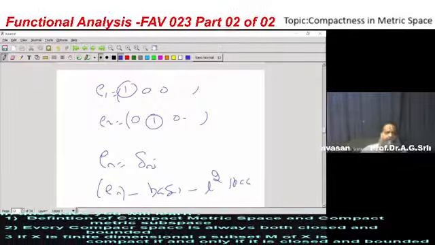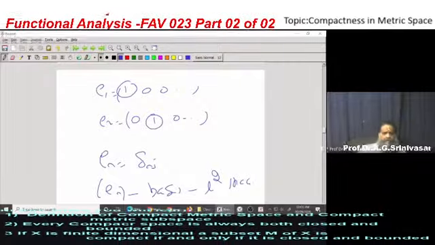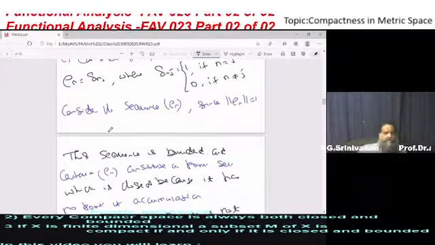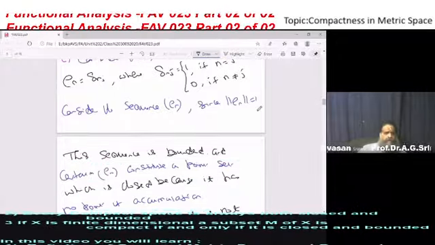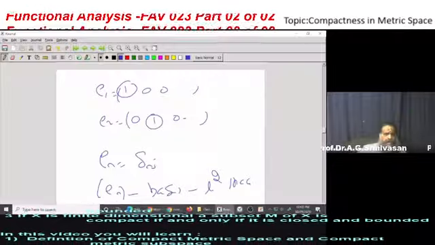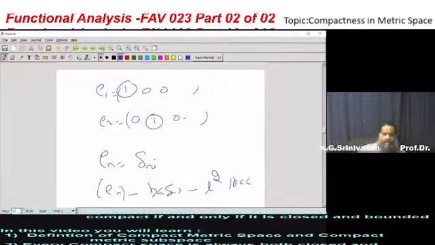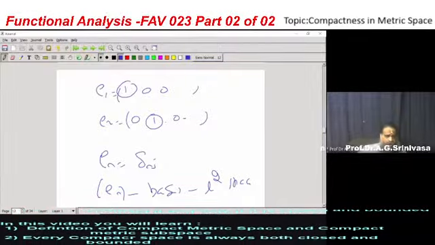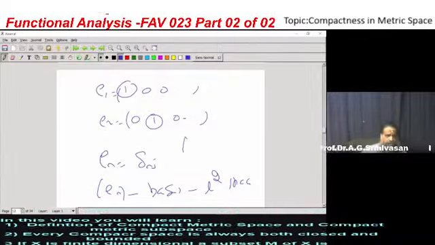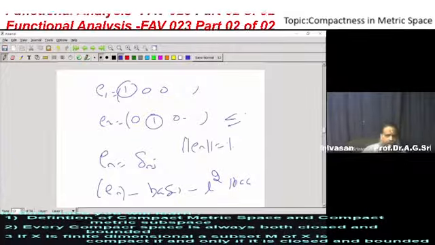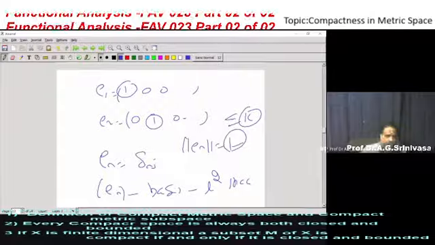But I'm not interested in L2 space as such; what is important for me is the sequence e_n = δ_nj. This sequence is bounded because the norm of e_n is 1. If you take the norm of e_n, it's going to be the square root of 1 squared plus 0 squared plus 0 squared, etc. So the norm of e_n is 1, therefore it is bounded. The bound k is going to be 1, which does not depend on n.